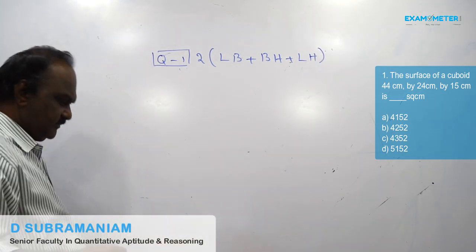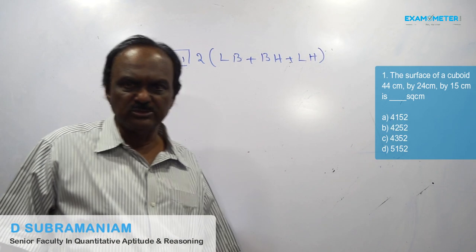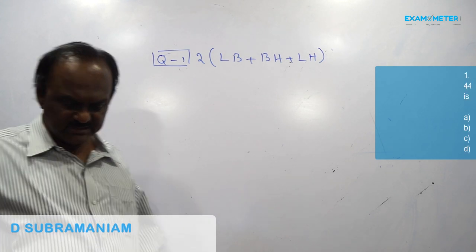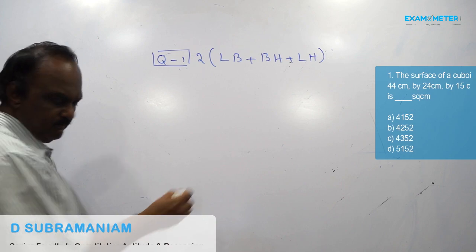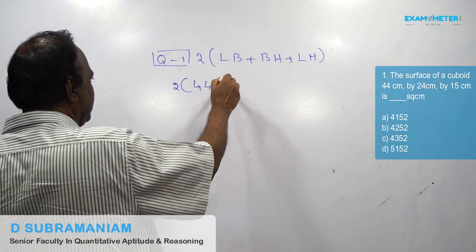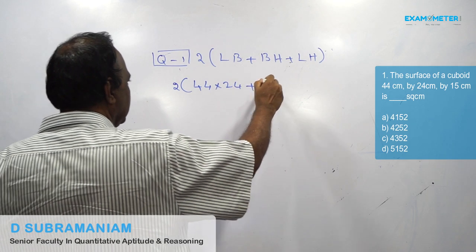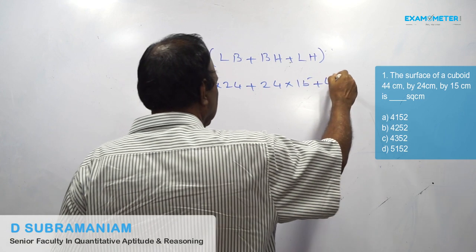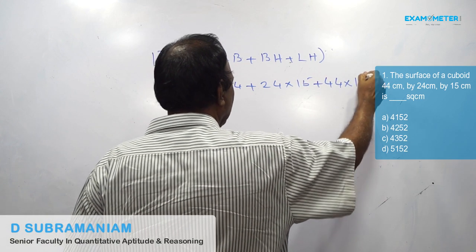So 2 into (44 into 24 plus 24 into 15 plus 44 into 15).